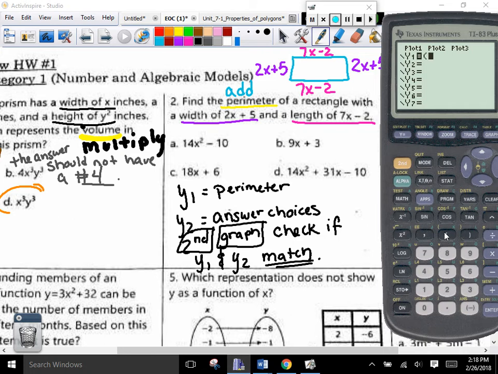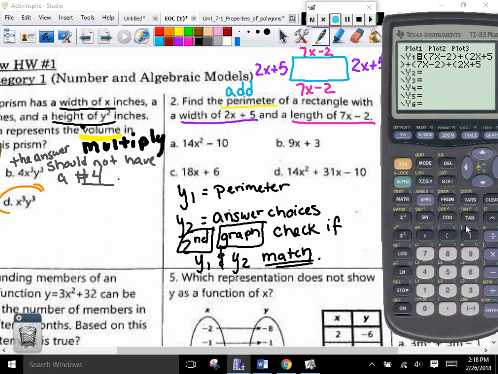So I'm going to put parentheses 7x minus 2, close parentheses because that's one side, then plus, because perimeter tells me to add, open parentheses again, 2x plus 5, close parentheses, plus the bottom side, 7x minus 2, add again, close parentheses, then we have 2x plus 5.